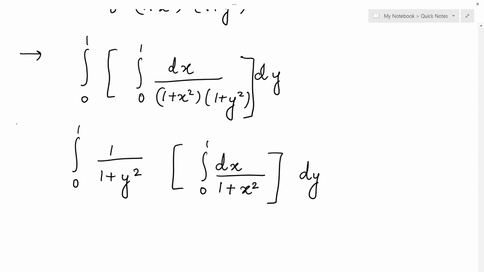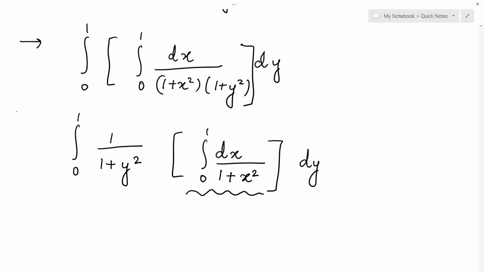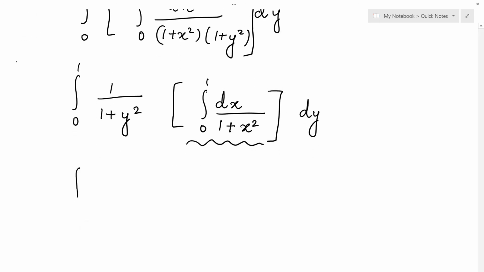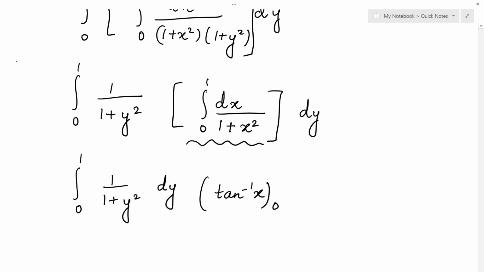So now let me solve this. What is the integration of this? Yeah, correct. Very good. The integration for this is tan inverse x. So this will become 0 to 1, 1 upon 1 plus y square dy, and this is tan inverse x from 0 to 1.